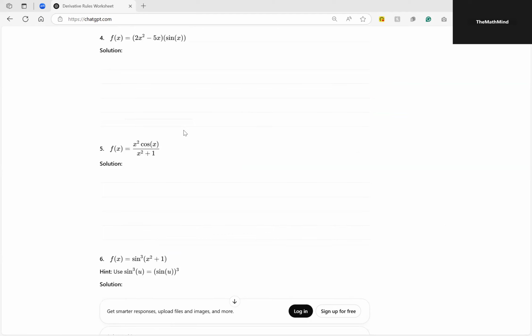Question number 4, 5, and 6. For question number 4, we're using the derivative of sine and also the product rule. The product rule is, for example, when you have the multiplication of two functions, h prime will be the derivative of the first function multiplied by the second function plus f of x multiplied by g prime.